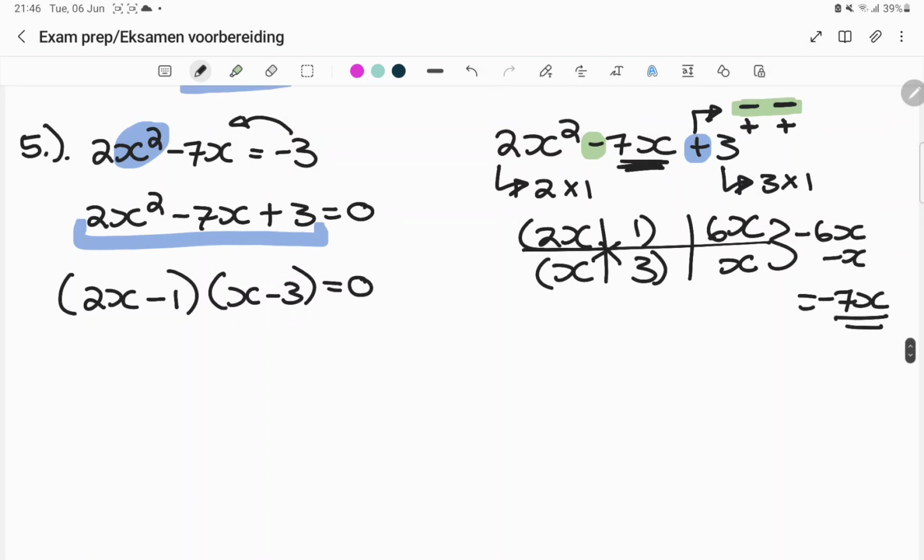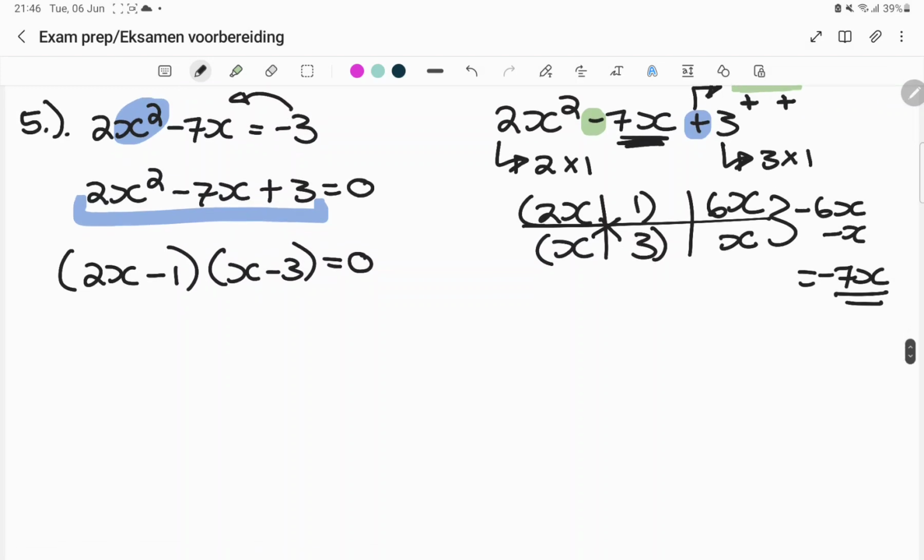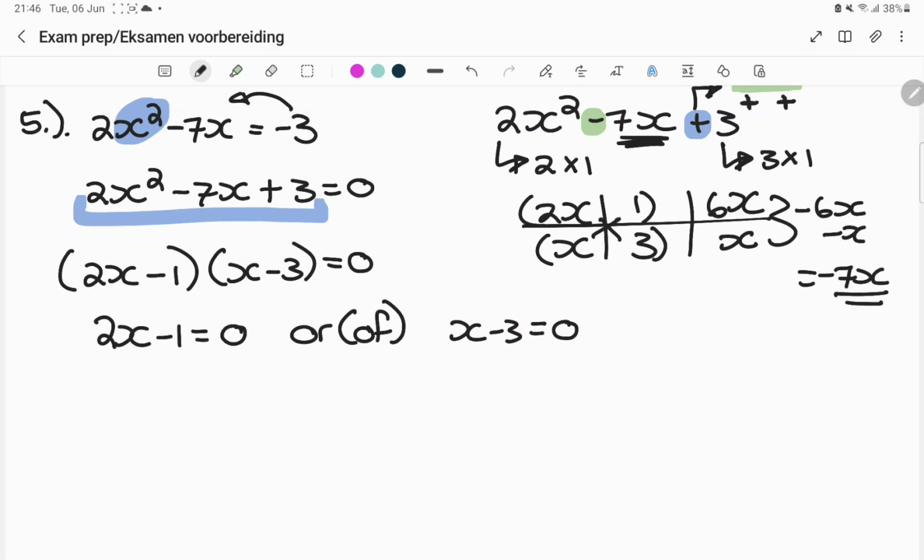If you're unsure if you did the correct thing, you can always multiply out your brackets to see if you get the original answer. So now having my two brackets, I'm going to take each bracket and put it equal to 0. So I'm going to get 2x minus 1 equal to 0, or, in Afrikaans you're going to write of, x minus 3 equals 0.